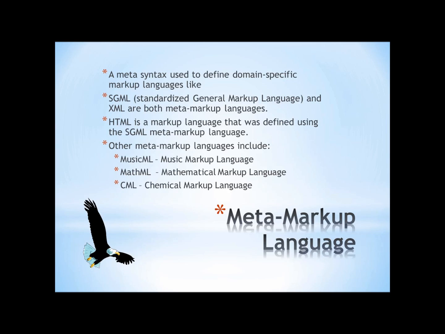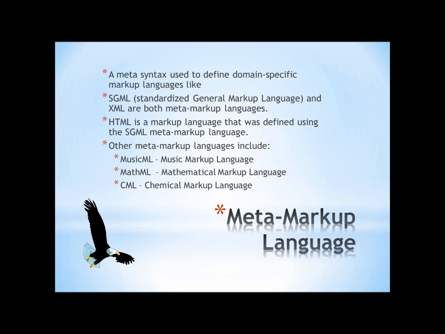Now, talking a little bit more about what a meta markup language is, it's a meta syntax or a greater syntax used to define domain-specific markup languages. And one of the most basic ones is SGML, which stands for Standardized General Markup Language, and also XML. They're both meta markup languages.